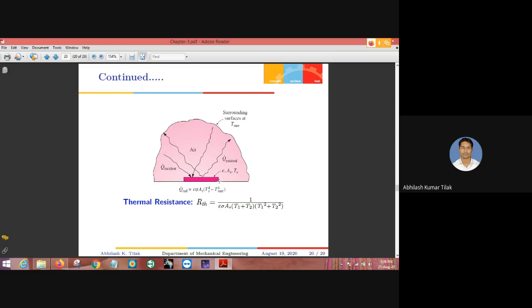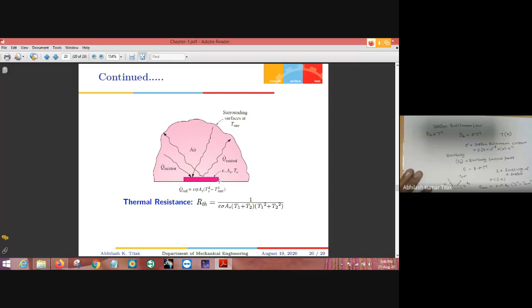So I can write here that the amount of the radiation heat transfer, Q radiation, is equal to epsilon into sigma into surface area As into Ts to the power 4 minus T surrounding to the power 4.